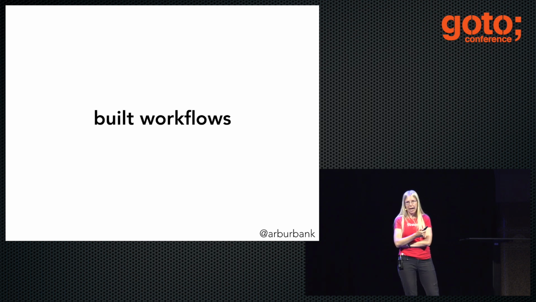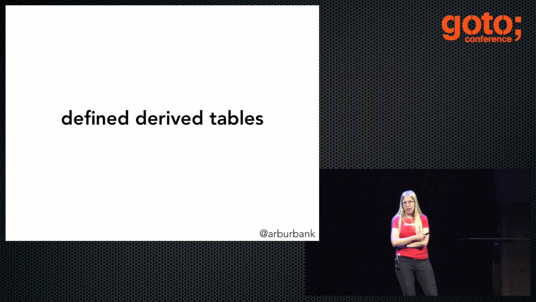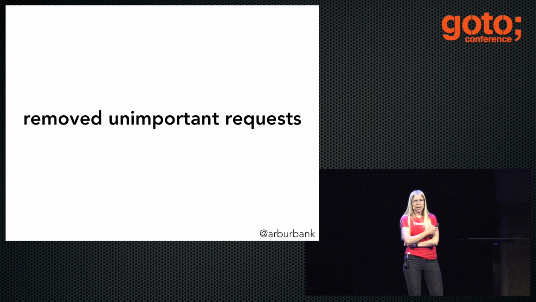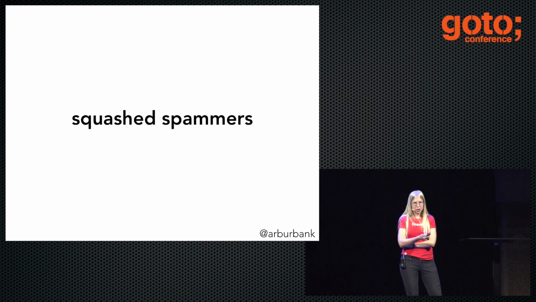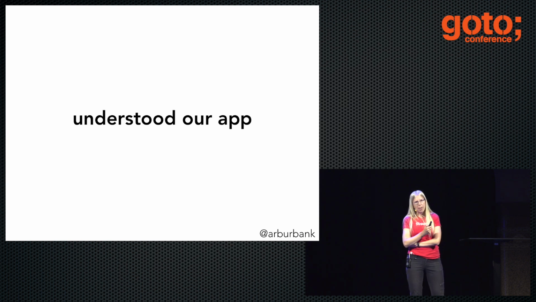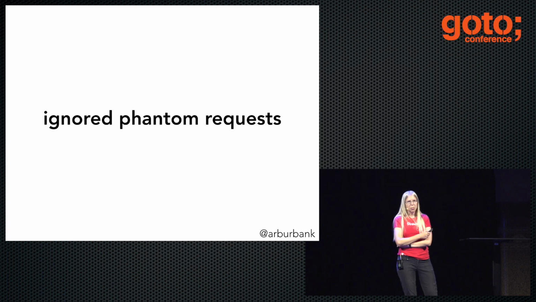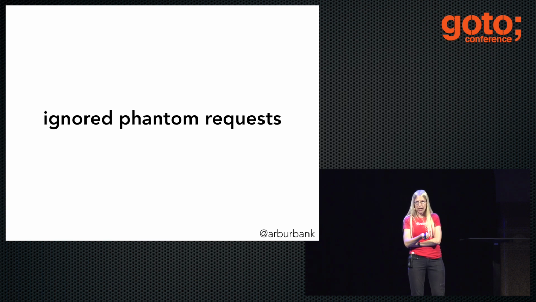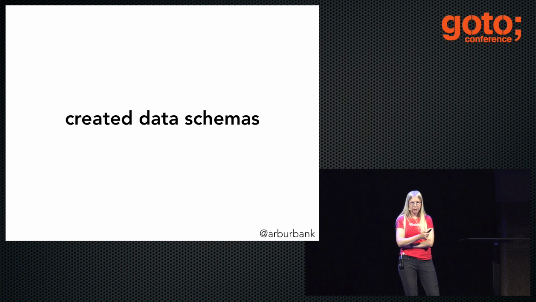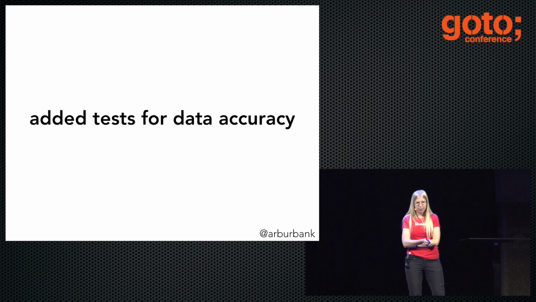We built workflows to aggregate those data into derived tables we defined. We dropped out requests that weren't important, like email tracking, so we can tell who our actual users are. We squashed spammers. We learned a lot about how our app actually works. We got to ignore some phantom requests that were happening when nobody was actually there. We created schemas for our data, added tests for data accuracy.